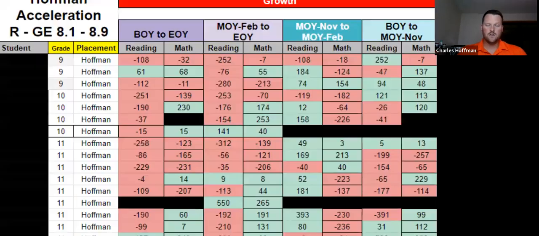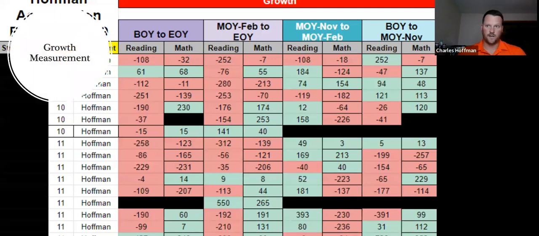So here is where we look at the difference and we measure the students' growth. So from the beginning of the year to the end of the year, what I want you to focus on is the far right-hand side. From the beginning of the year, let's take the first student, for example, they grew 252 points, and then they scored 252 in February, so that means they remained the same.